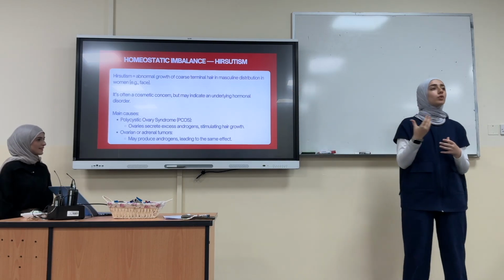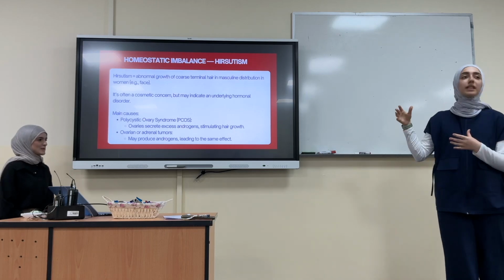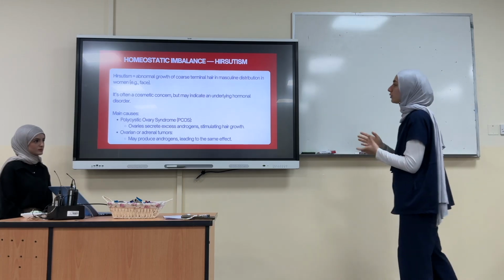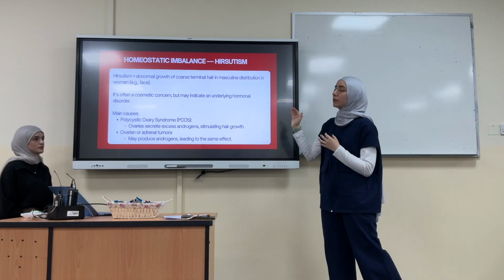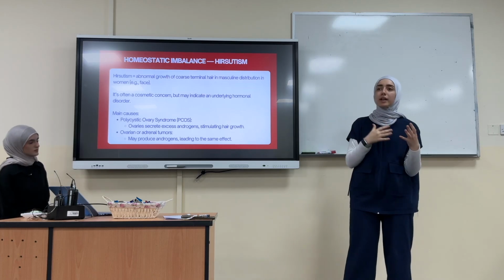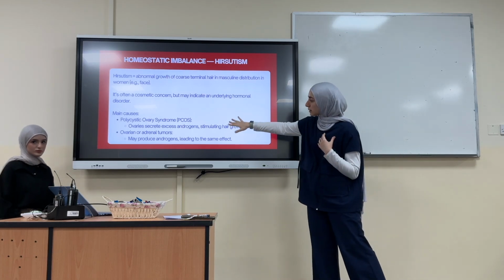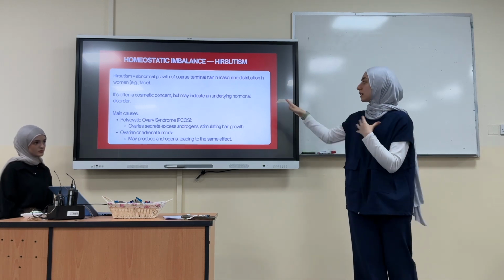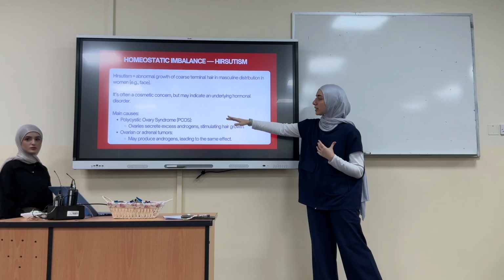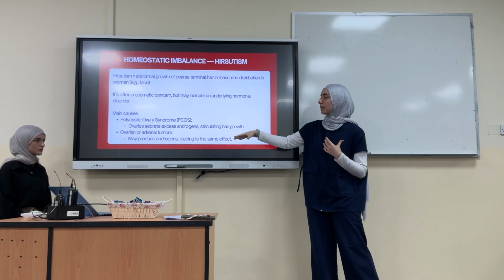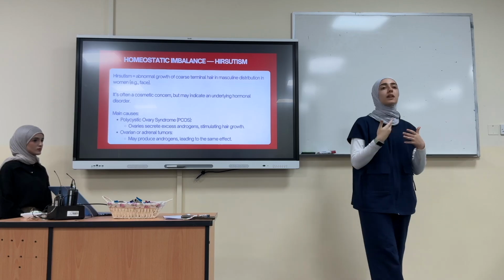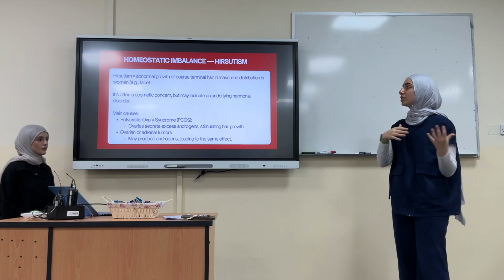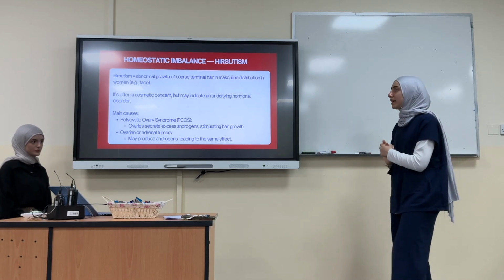Hirsutism is basically the abnormal growth of hair, primarily terminal hair in females, in regions where it shouldn't normally grow. This is usually caused by an underlying cause, for example PCOS, adrenal tumors or ovarian tumors, because the cysts on the ovaries in PCOS or the tumors in ovarian tumors are going to produce a lot of androgens, exactly. And androgens, as I already mentioned, are basically the food for terminal hair.